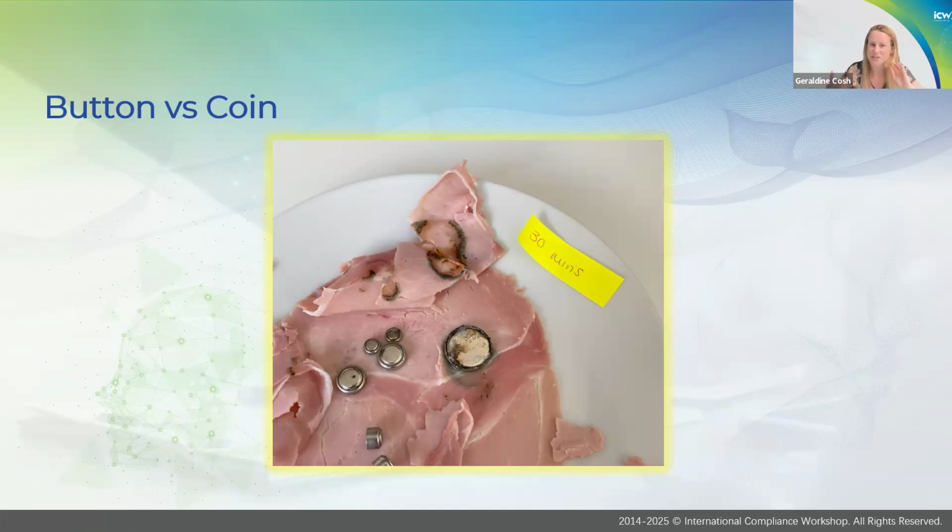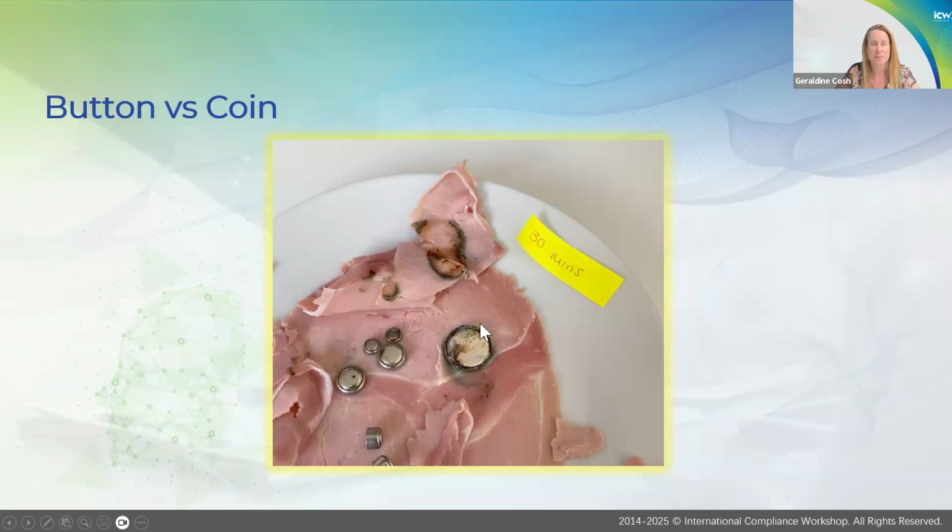You can imagine the discussions in steering group committees. I know that Bill's involved in committees and I am as well. You can discuss this forever and go round and round. But we'll keep it really simple: button tends to be non-lithium, the smaller ones. The larger ones are the lithium ones, and they're known as coin due to the shape.